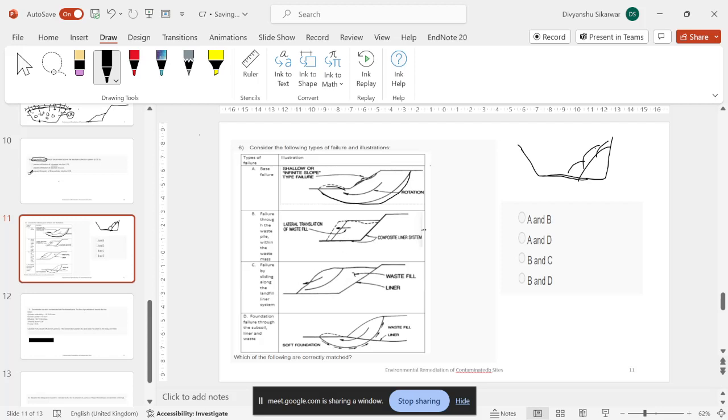So these two basically are representing the failure within the waste, and these two basically are representing the failure of the soil around it. This basically shows the foundation failure. So you have to select from these four which two are correctly matched.